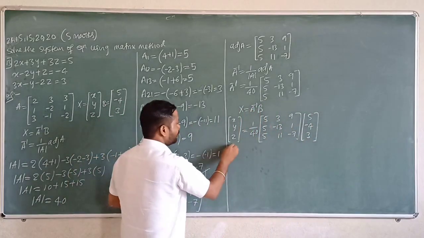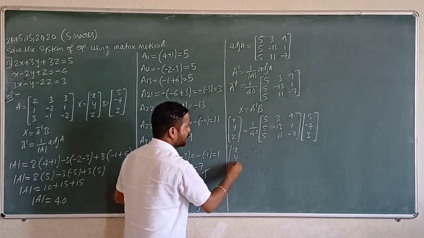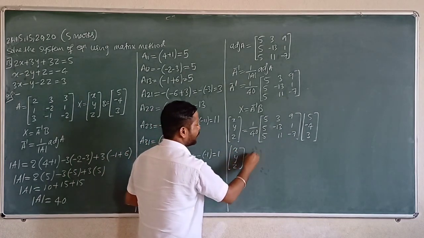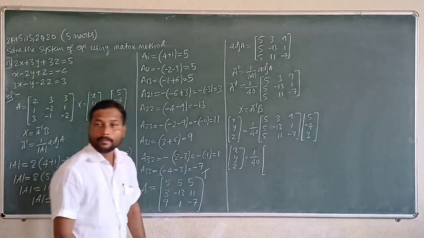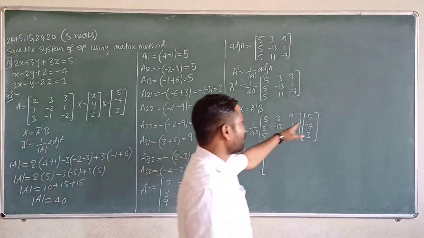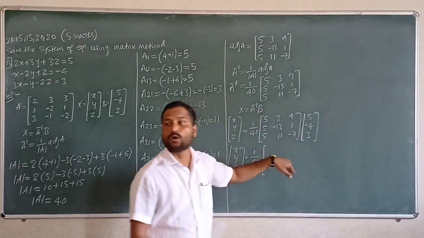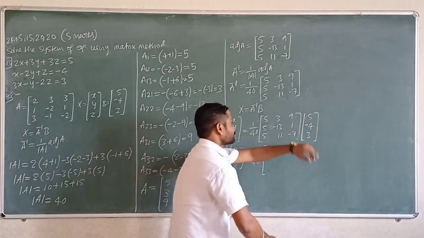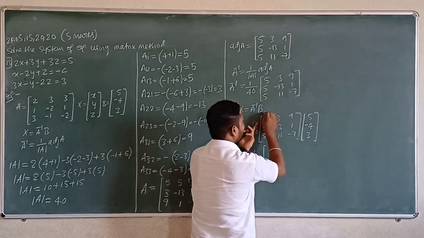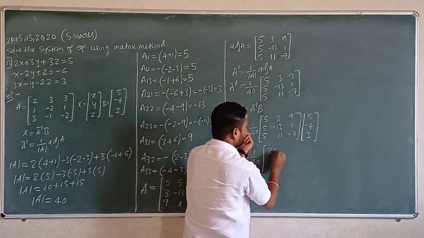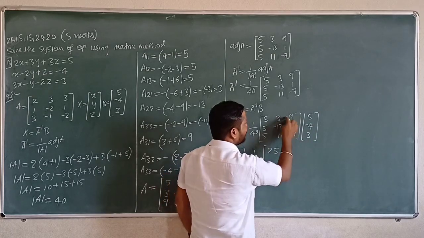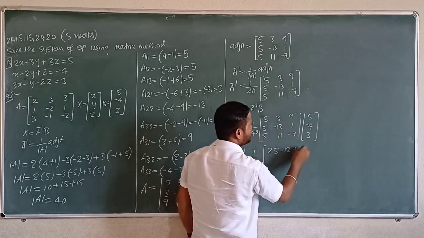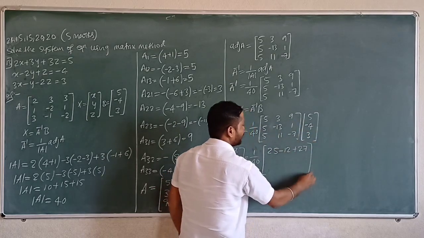Take x, y, z is equal to 1 divided by 40 into, now multiply these two matrices. First row first column, second row first column, third row first column. 5 5s are 25. Next, plus into minus, minus, 3 4s are 12, plus into plus, plus, 9 3s are 27.